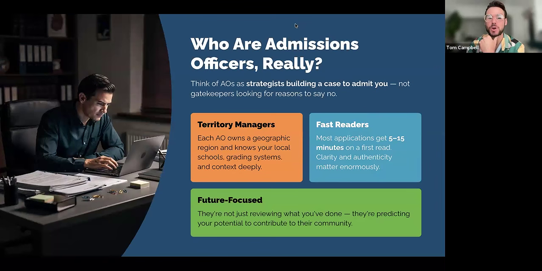Awesome. Thank you so much, Tillie. Before we dive into reading your transcript and your test score with that admission officer lens, it's really helpful to get a sense of who these people reading your application are, because sometimes it can be very ambiguous. I think about Legally Blonde, which all of you Gen Z and Gen Alpha students listening to this are like, what? But great movie featuring Reese Witherspoon.